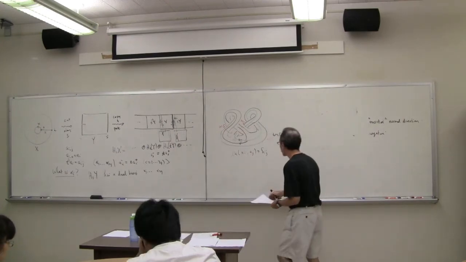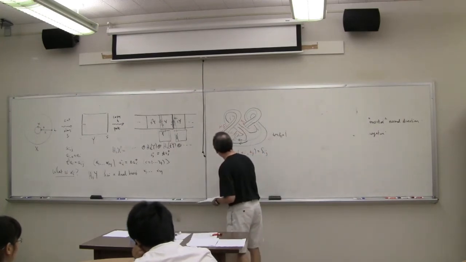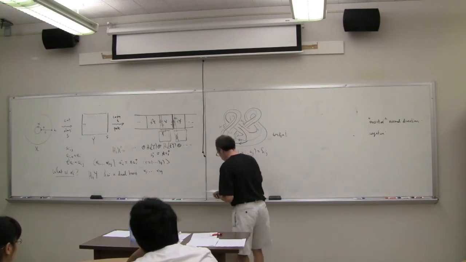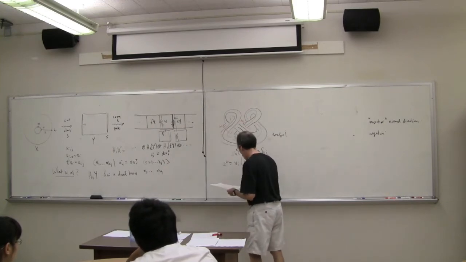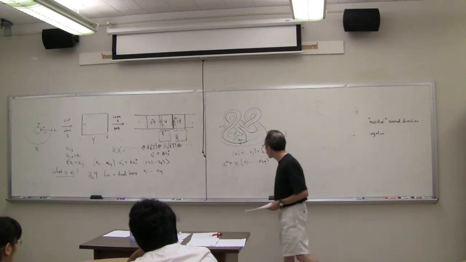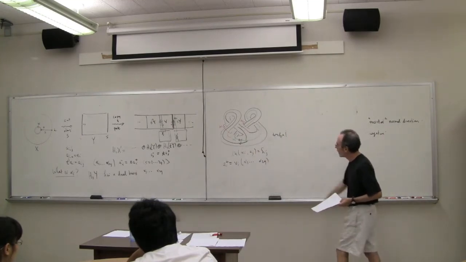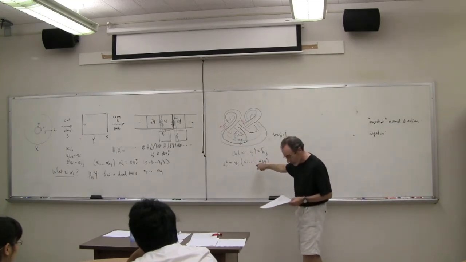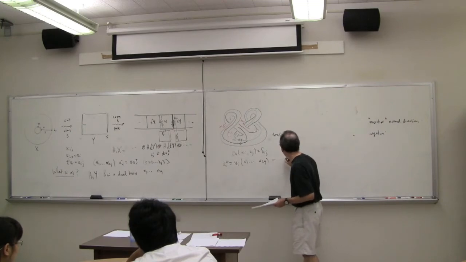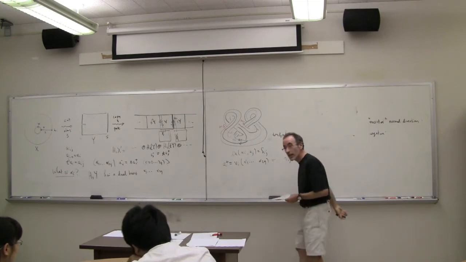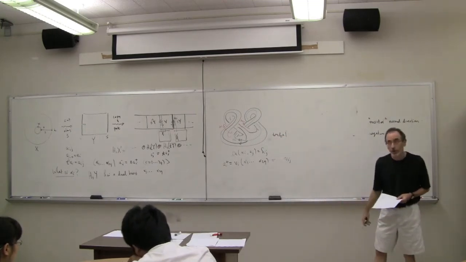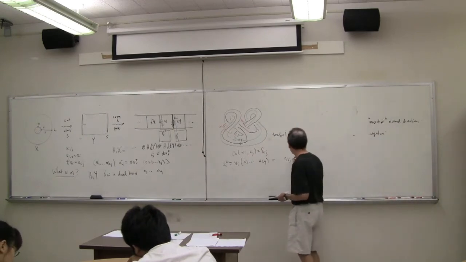So what's the deal here? Now the AI plus is some word VI in the alpha 2Js, and if you want to read the contribution of alpha J in this, all you have to do is read off the linking coefficient.